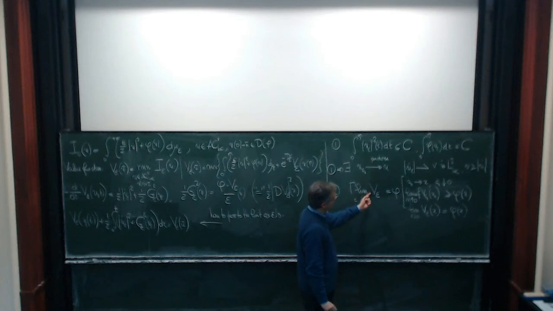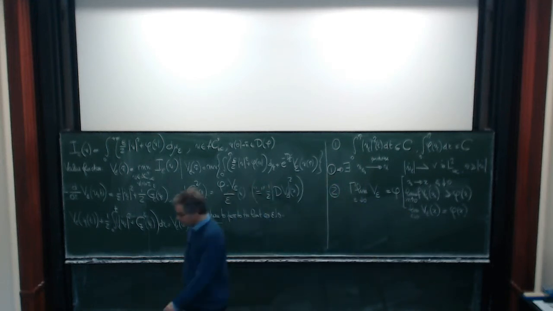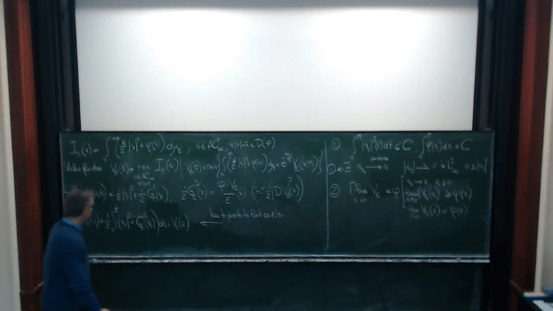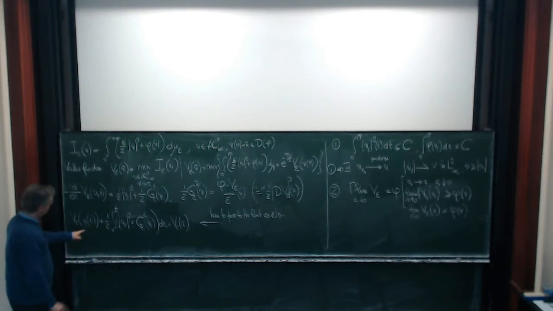Remember that v epsilon is always bounded from above by phi, so if you have this liminf, you have this pointwise limit for free.